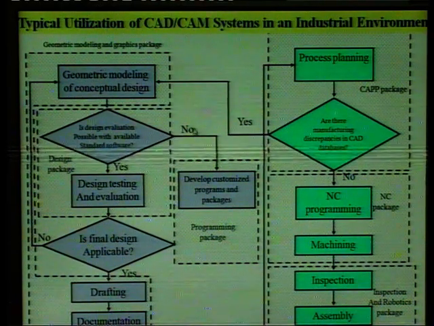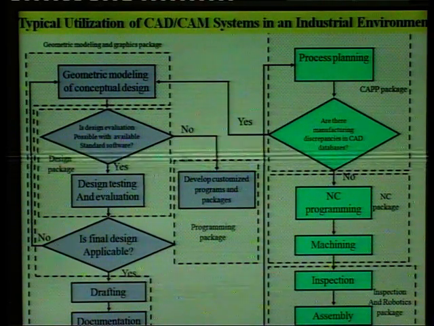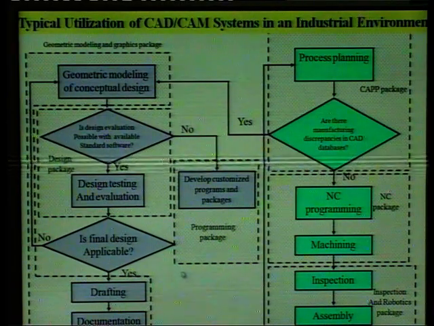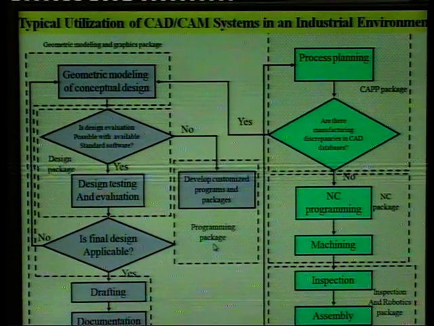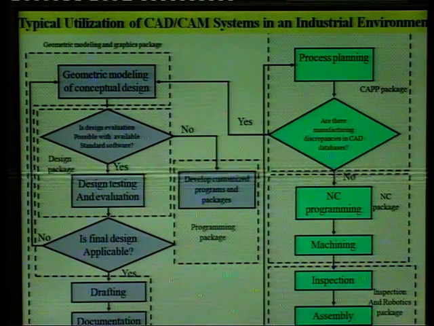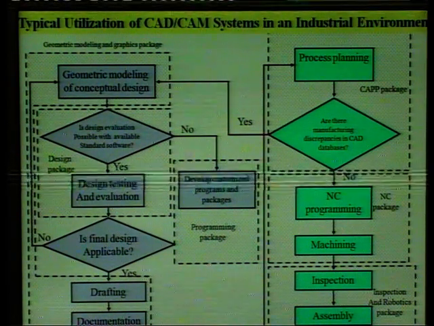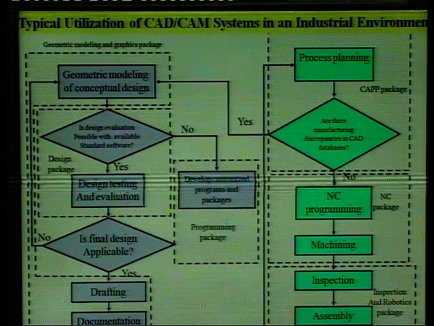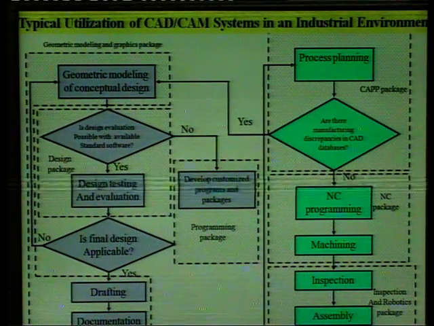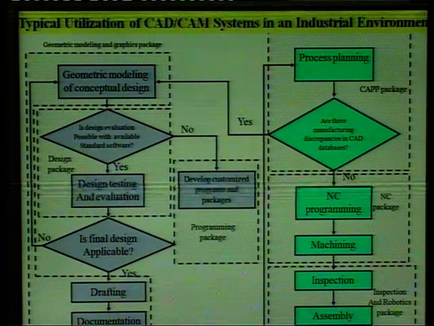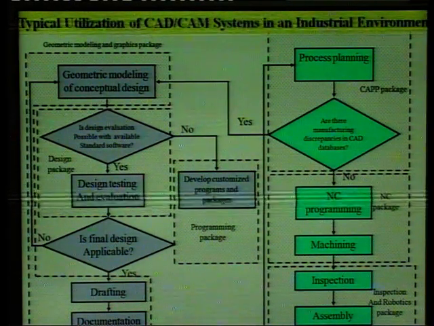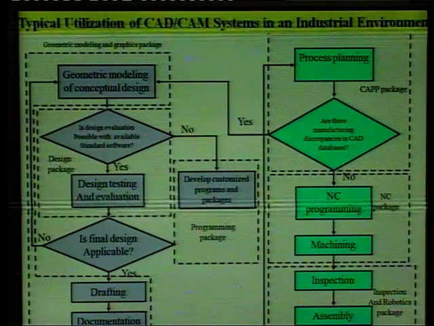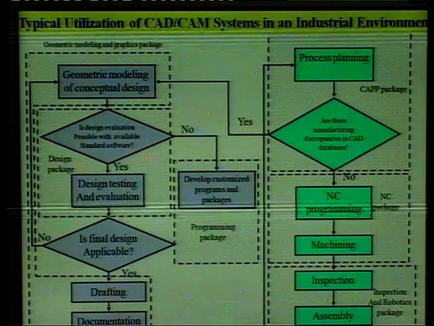If it is not possible, in this area we have shown the programming package. So, we must have facilities, hardware and software, for development of customized programs and packages, and then according to our requirement for testing and evaluation, we can develop our own programs that can be used with the product that we are going to design.